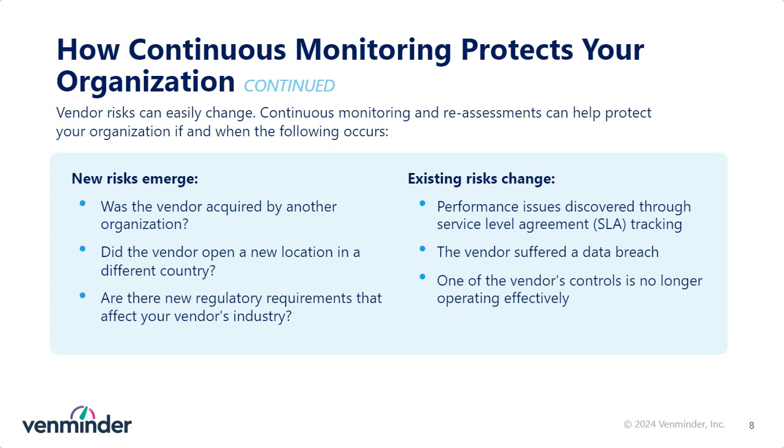It's also possible that one or some of the vendor's controls are no longer operating effectively. These risks were already known about your vendor since you performed an inherent risk assessment when you onboarded them, but some of them might have changed since then and pose an even greater risk. So let's talk through a few examples of this on the next few slides.